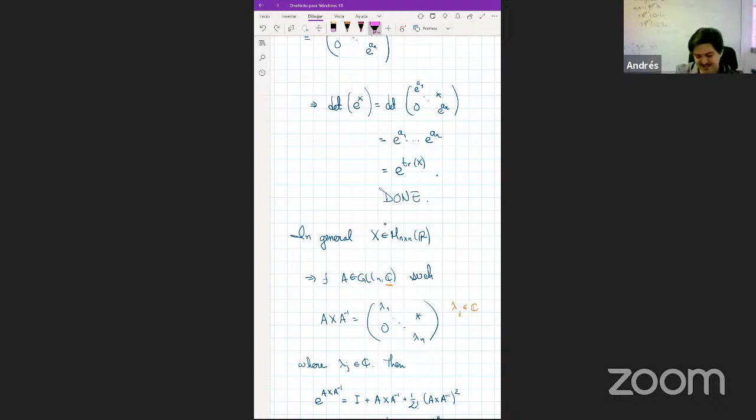Now, before moving on, what we defined above, the exponential of a matrix, I only used a matrix with real coefficients. But that definition of the exponential also works for a matrix with complex coefficients, because this matrix has complex coefficients. So I applied the definition.